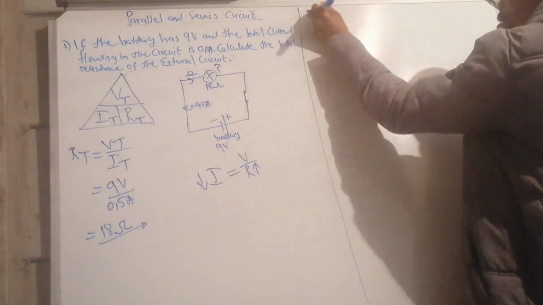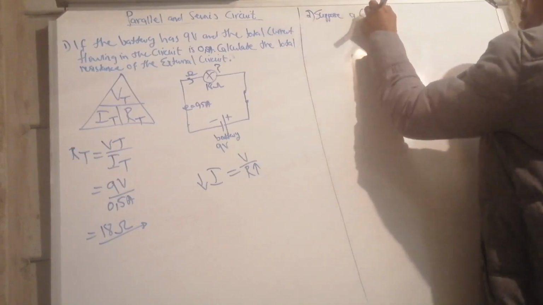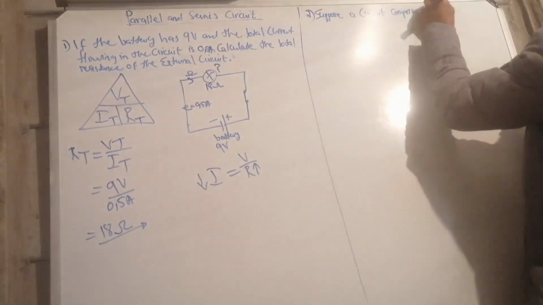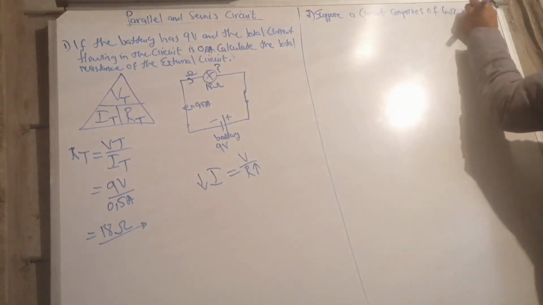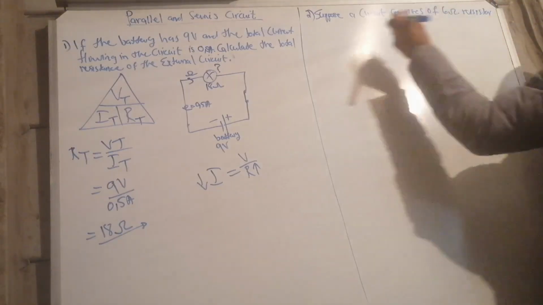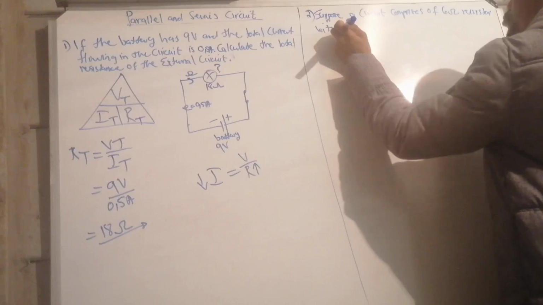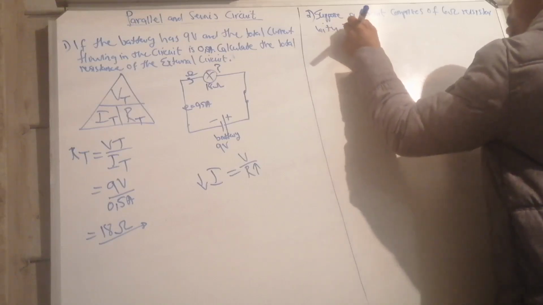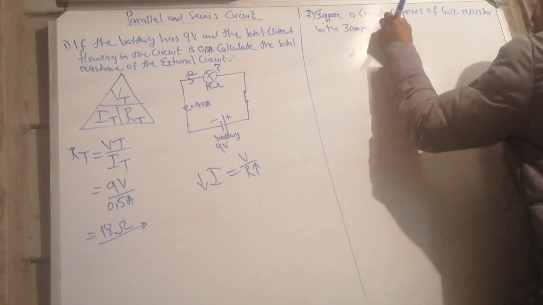Now, suppose a circuit comprises of a 6 ohm resistor with 3 amps flowing in the circuit.